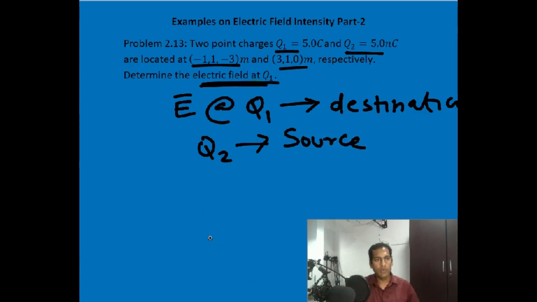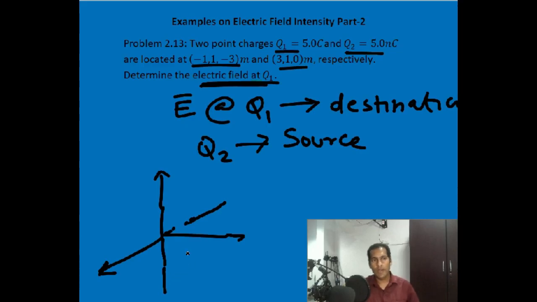Now if we try to draw them in space, if we have to imagine them, let us consider three axes. So these are our three reference axes. We may also require the negative x, or we may also require minus z.